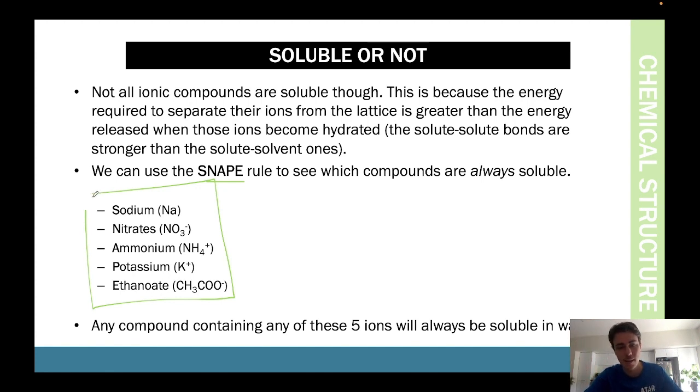So anything that has these five little compounds as a part of it will dissolve in water. So this is the SNAP rule, and it's something you need to know. It doesn't necessarily mean anything that doesn't have them won't dissolve, but anything that has these will dissolve no matter what.